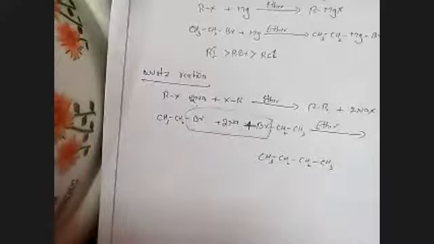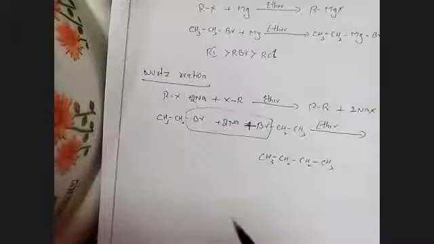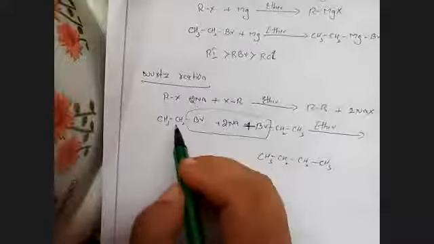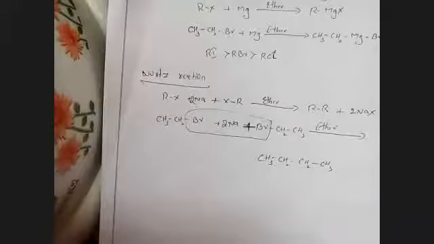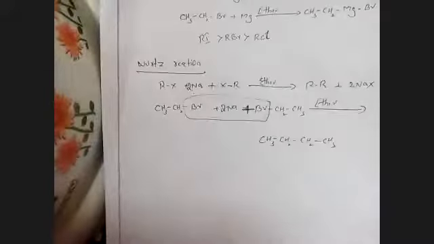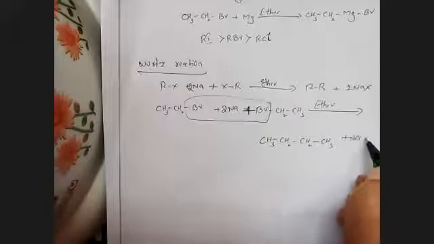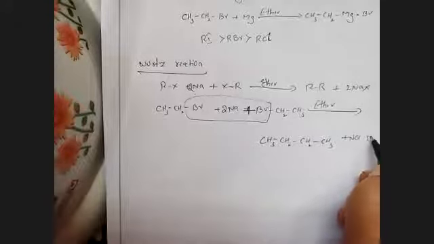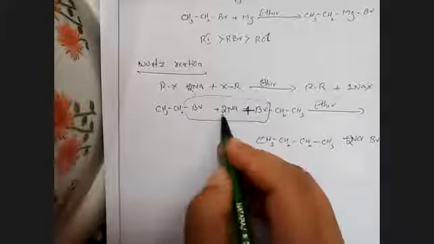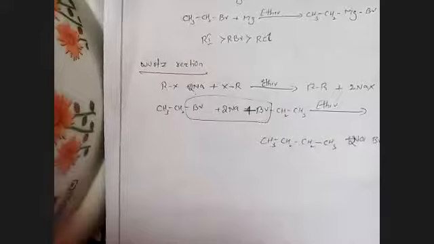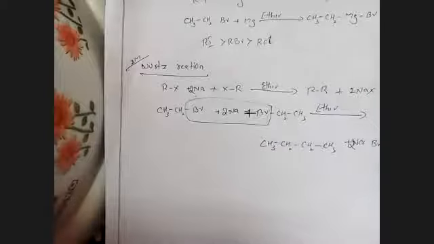So these are higher molecules, with the presence of two carbons. If the carbon number increases, it becomes a higher molecule. This is called the Wurtz reaction, with NaBr as the byproduct. The Wurtz reaction is also important: Grignard reagent formation and Wurtz reaction.